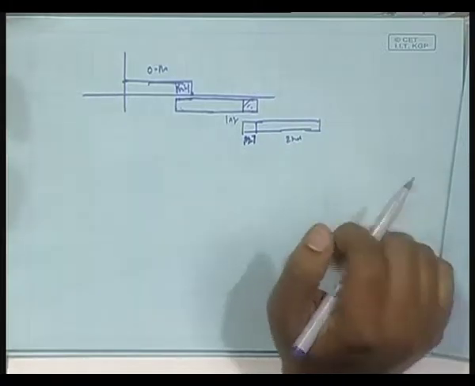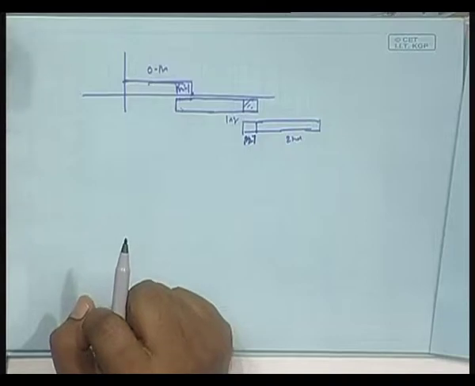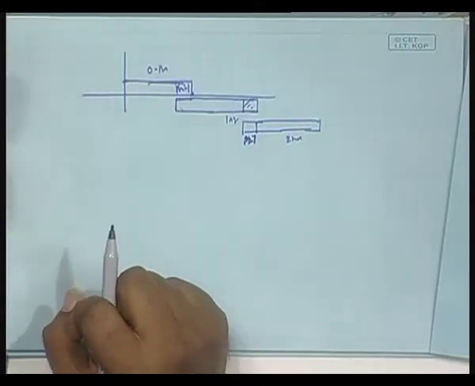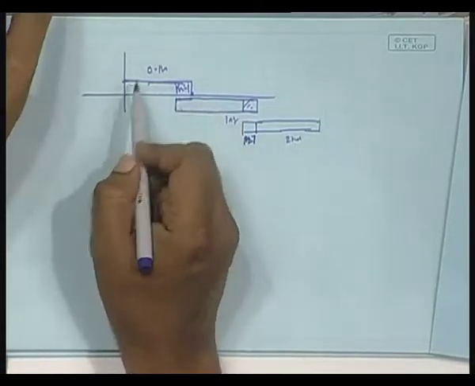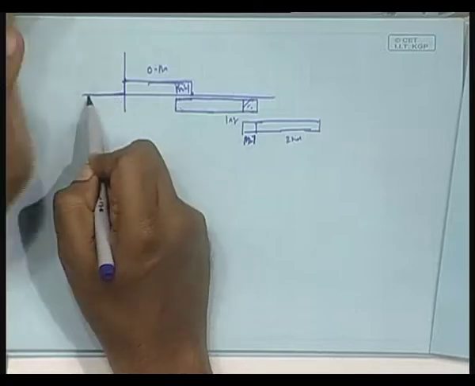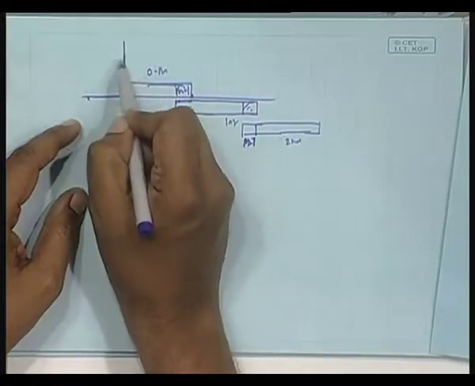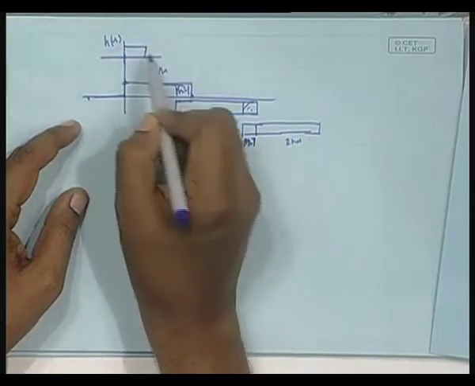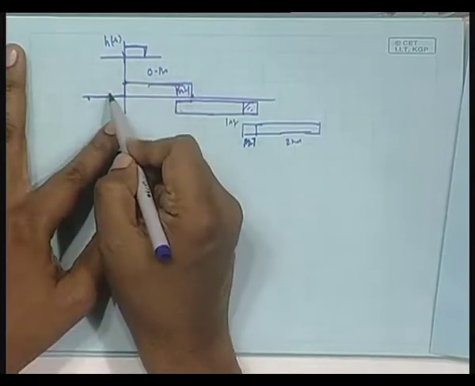Now suppose I am convolving with a small filter h n whose length is capital M. Here again, to make life simple, suppose we really started here, so to the left is 0. There is no problem, you can reverse it, this is your h n, indeed here I have 0.